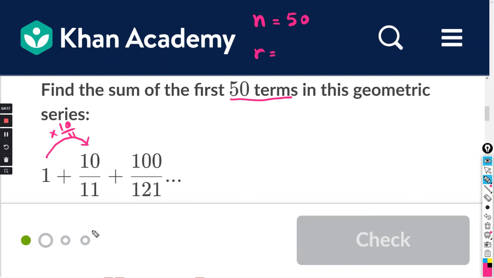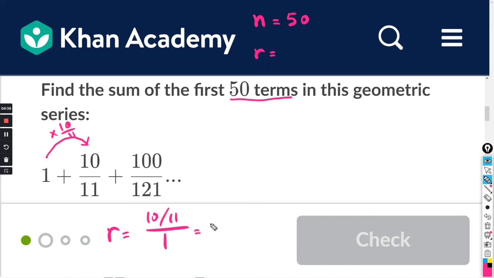Now if you can't do this in your head, just take one term and divide by the previous term. So you would take 10 over 11 and divide by the previous term, which is 1.